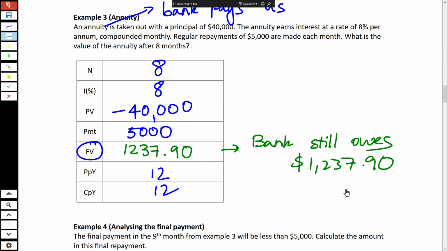So in example number 3, the regular payment was $5,000. Now, the bank owes us 1.2K. So the bank doesn't need to pay 5K now. But they're not going to pay that either. Think back to last week's lesson. What's going to happen before the bank makes the final payment?